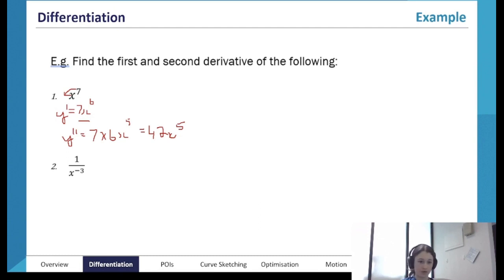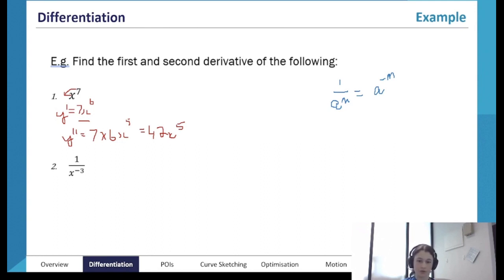The index rule that I am talking about is this one, and I'll write it over on the side here. If you have something with a power on the denominator, you can take this up and just change the sign of the exponent.